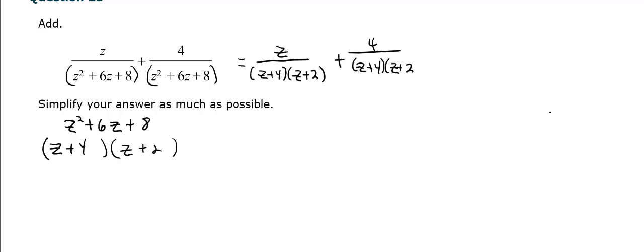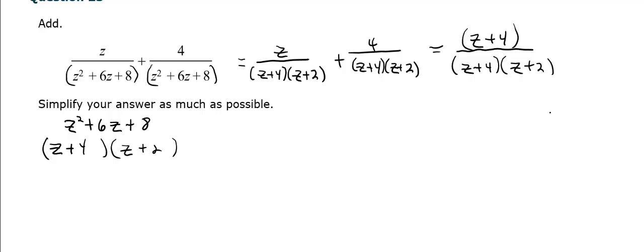Now, since our denominators are the same, we can go ahead and add our numerator. I'm just rewriting the denominator, z plus 4 and z plus 2. And since there aren't really like terms to combine, our numerator z plus 4 would give us just z plus 4.